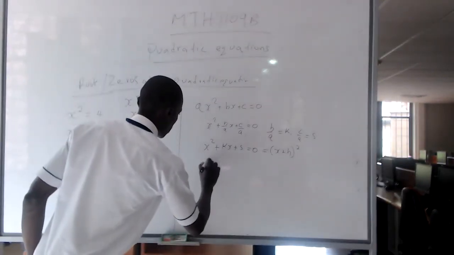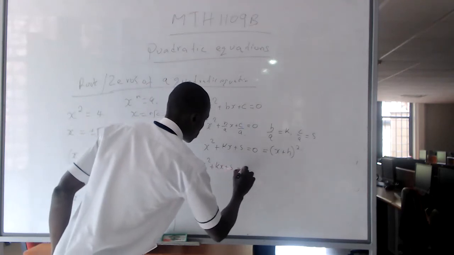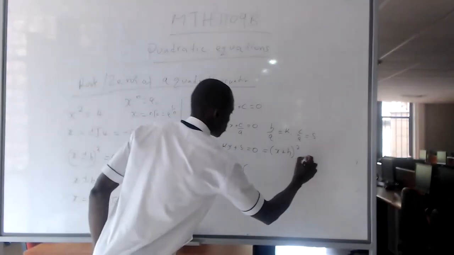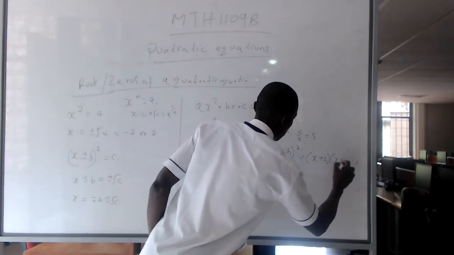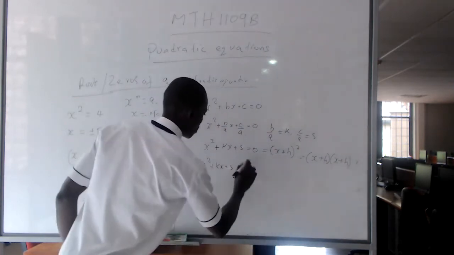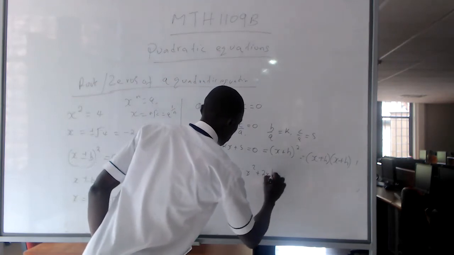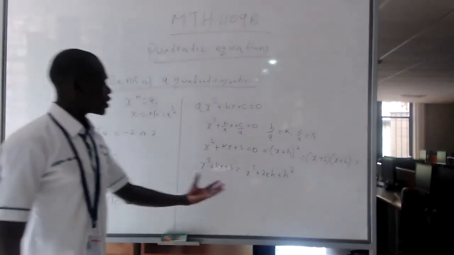So in other words, I need x squared plus kx plus s to be, when you expand this, the same as x plus h times x plus h, the reverse of factorization, which will give you x squared plus 2xh plus h squared. Now equate both terms.